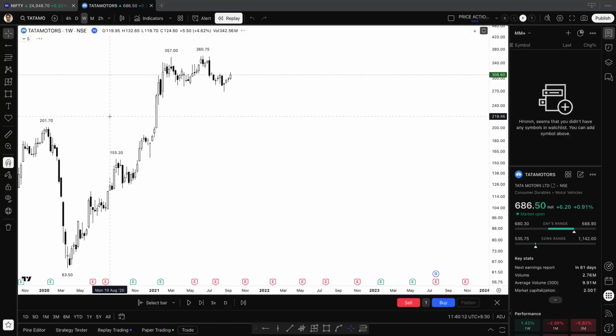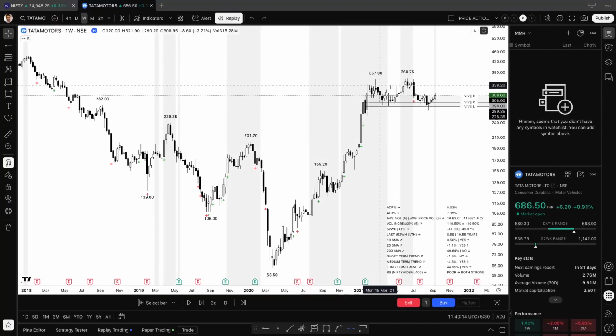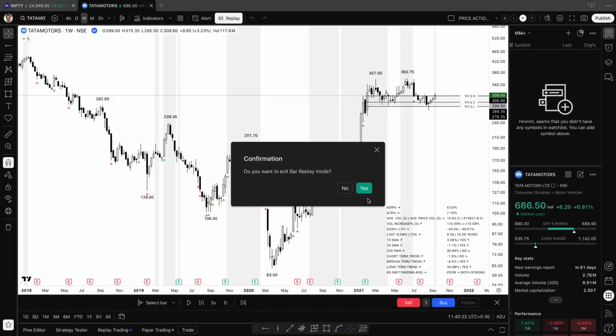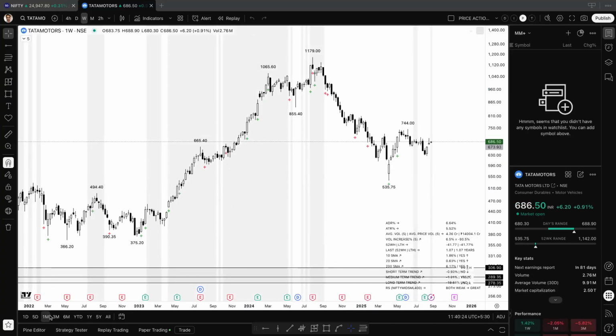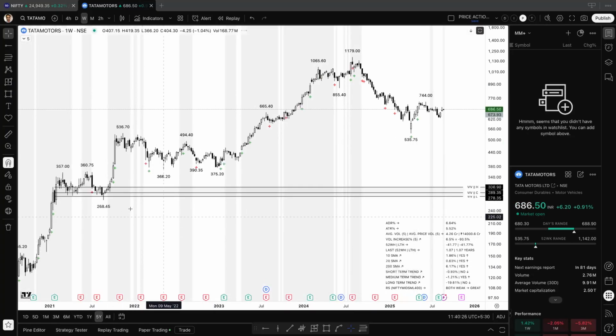Okay, so what happened here was the VIV zone was generated. The VIV high was 307 rupees. If you look into it, once it started to go up or exited the VIV high zone, it never ever came back.